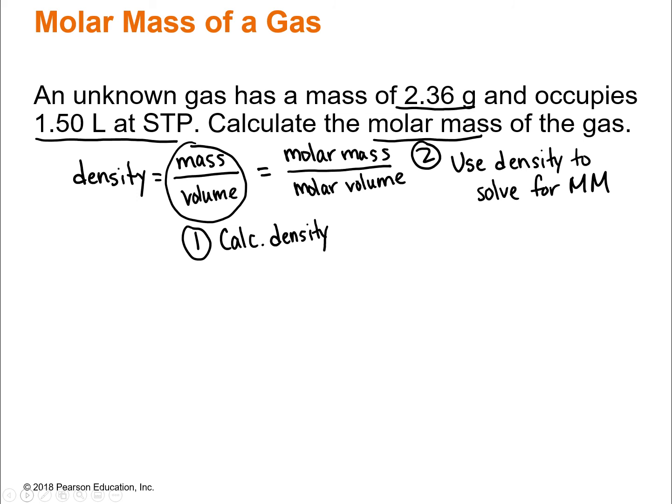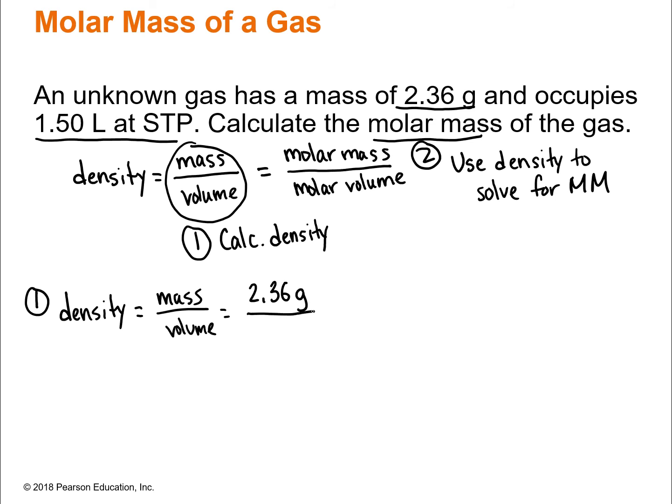All right, since I don't see any questions, I'm going to go ahead and put some numbers to this. For the first part, we're calculating the density. That's simply taking what we're given in the problem. We've got 2.36 grams of our gas, and the volume is 1.50 liters.